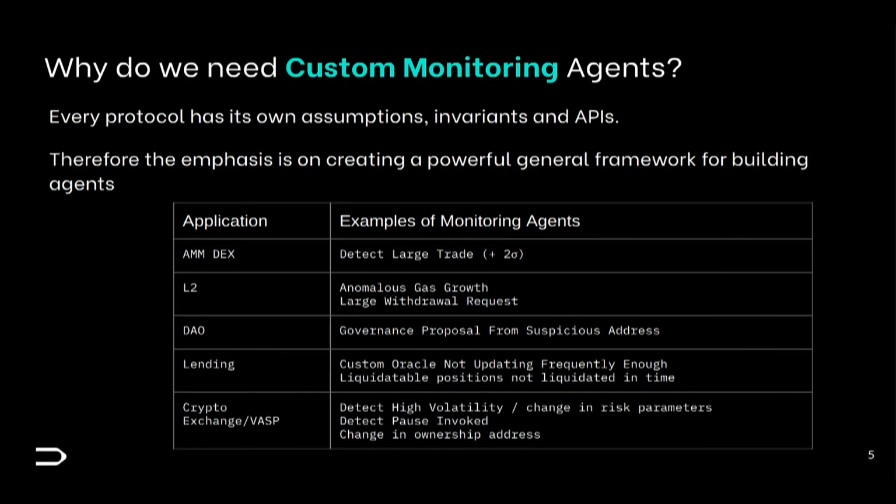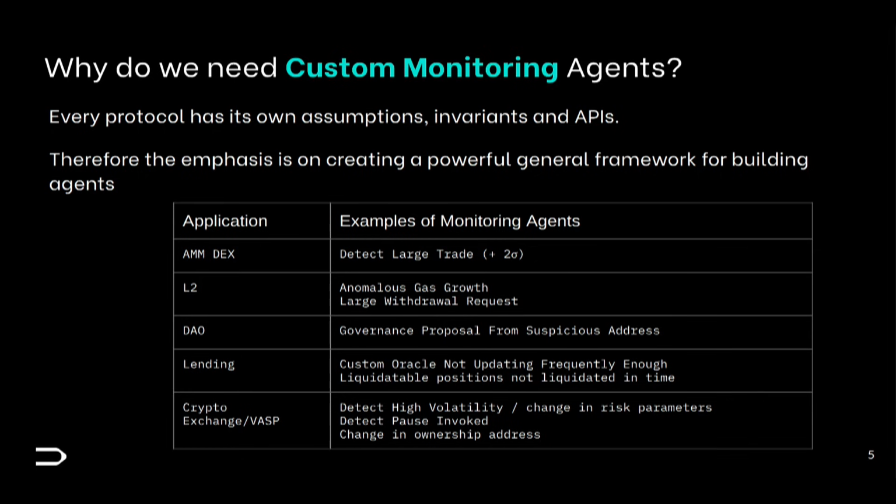So when we set out to build monitoring, we talked to a number of projects, and we got a little bit confused at the beginning because every project had their own different requirements, and then eventually we understood why they would have different requirements. But I'll just give you a few examples. Let's say you are working on a decentralized exchange, and each decentralized exchange has its own API.